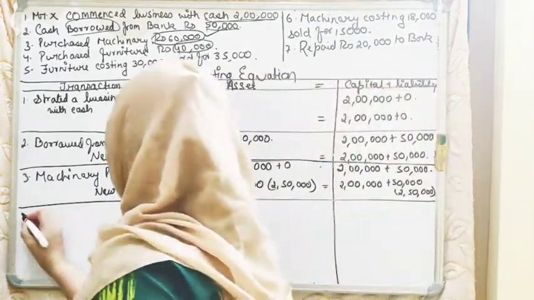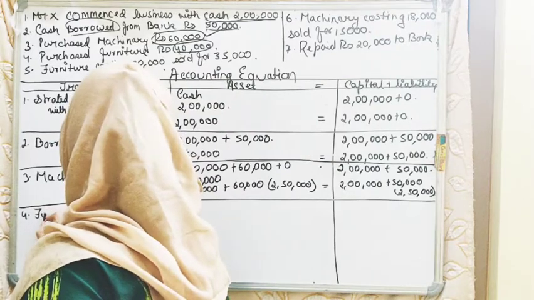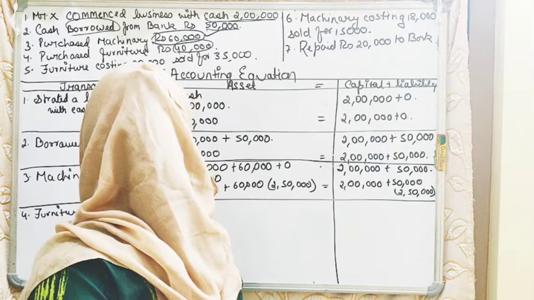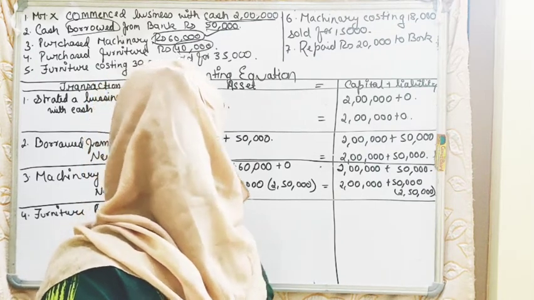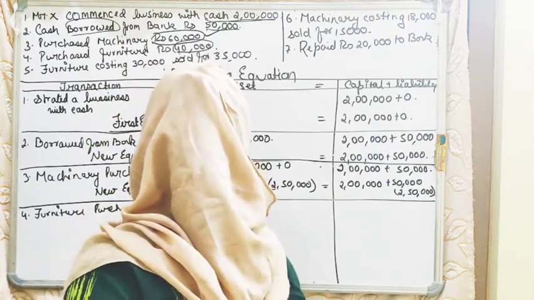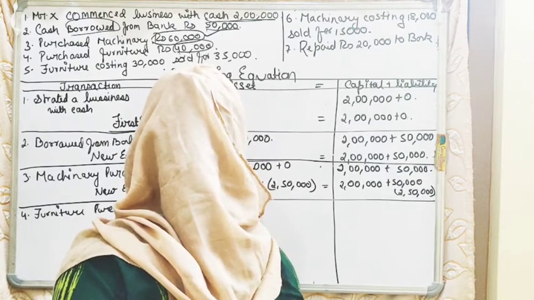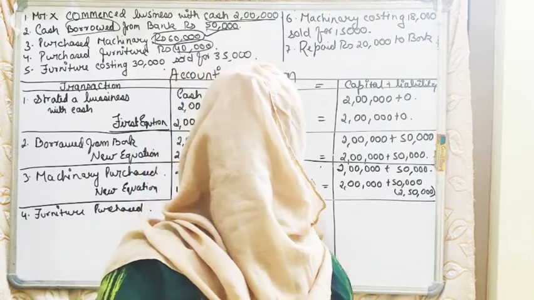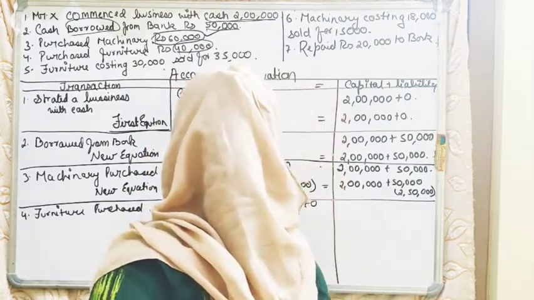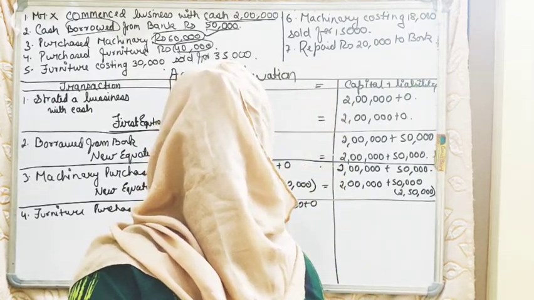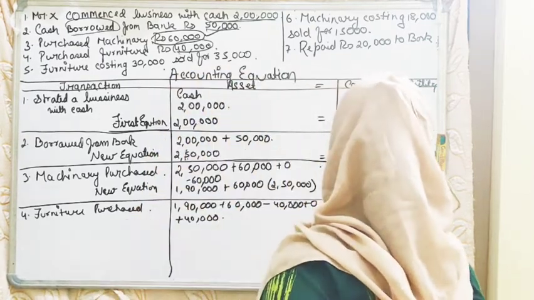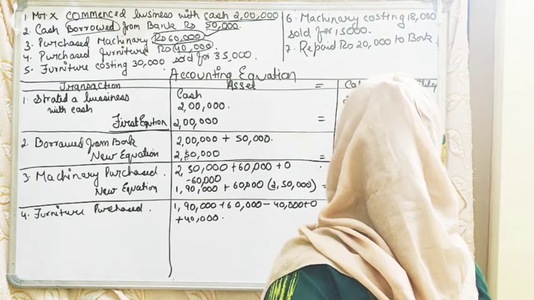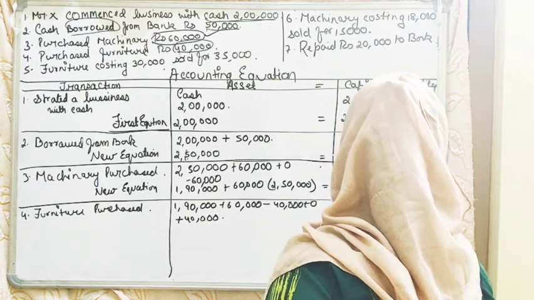So here we'll write furniture purchased. That is the equation 1,90,000 plus 60,000 minus 40,000 plus 0 plus 40,000. Here will be 2 lakh plus 50,000.